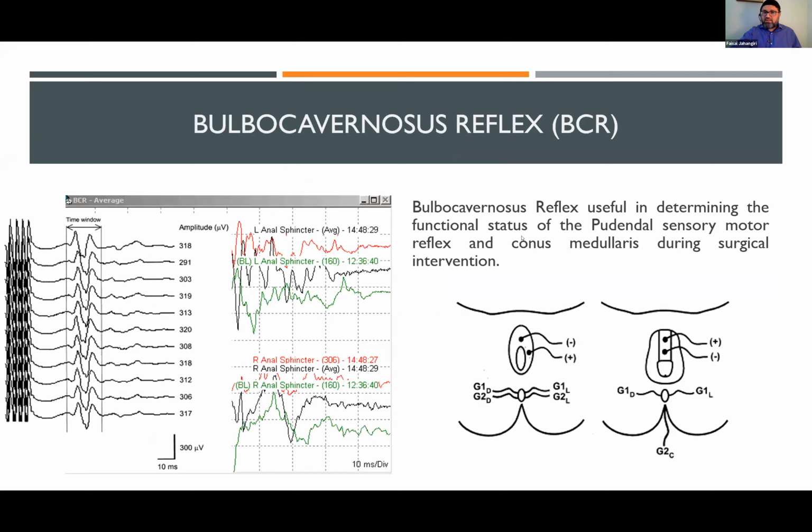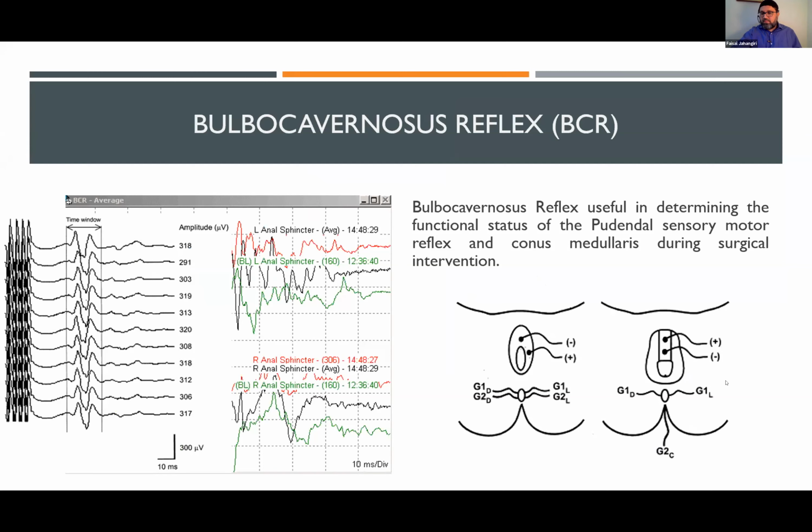BCR is useful in determining the functional status of the pudendal sensory motor reflex and conus medullaris during surgical procedures. In all surgical procedures where the pudendal nerve is at risk, we can add BCR, and it will give us information on the reliability and functionality of the sensory root of the pudendal nerve as well as the motor part.